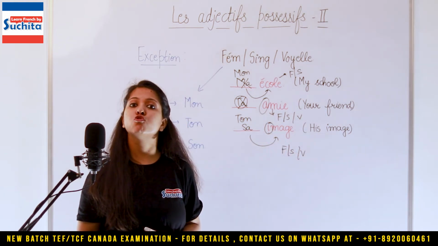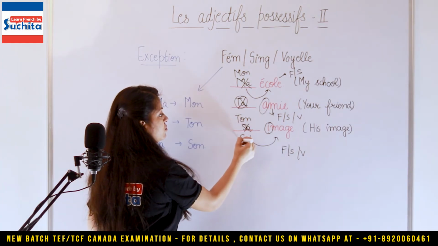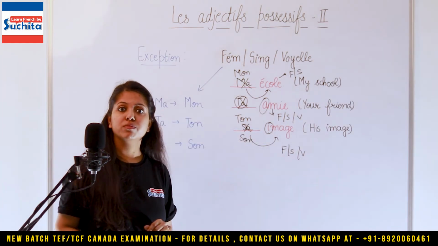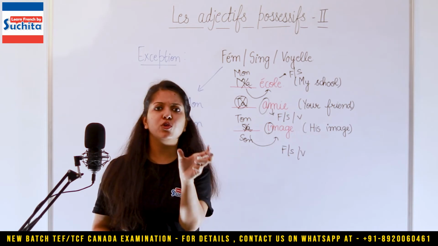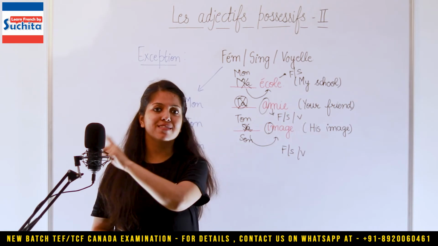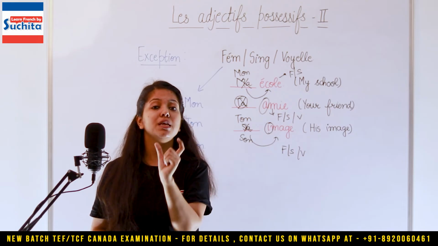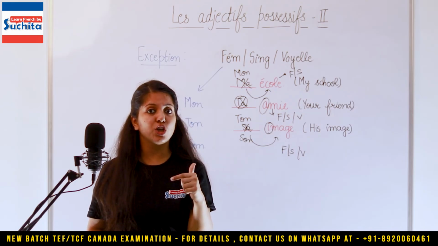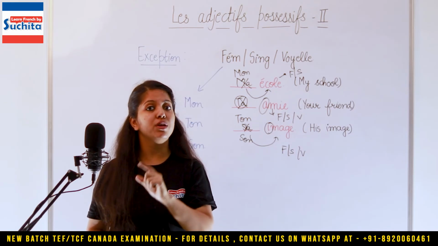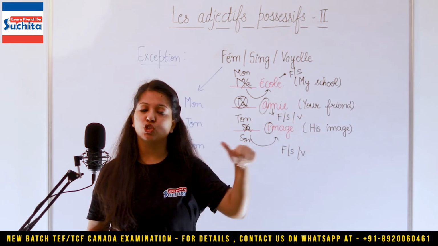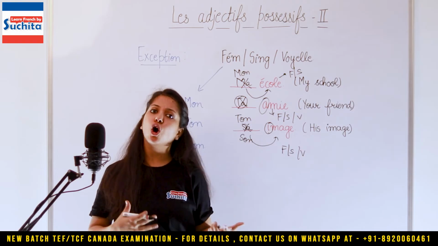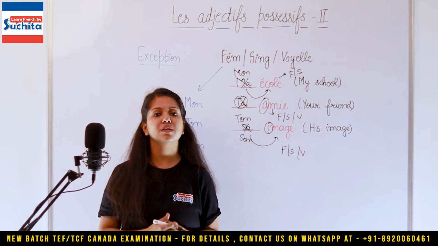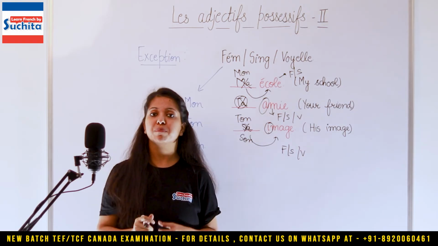You say son image. Even if you would have to say her image, for her as well you have three different options, son, sa, se. But since the word image is feminine singular but begins with a vowel, again sa will change into son. So son image means his image or her image, because son comes in both the roles.